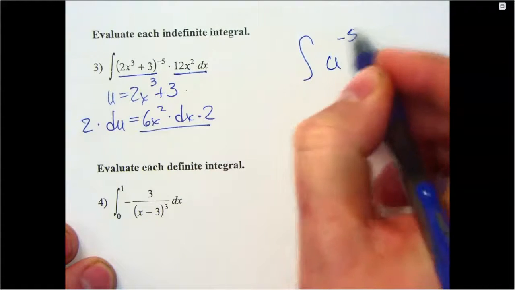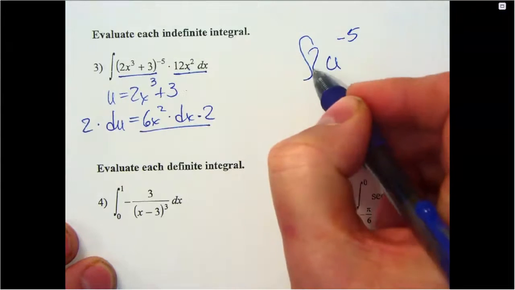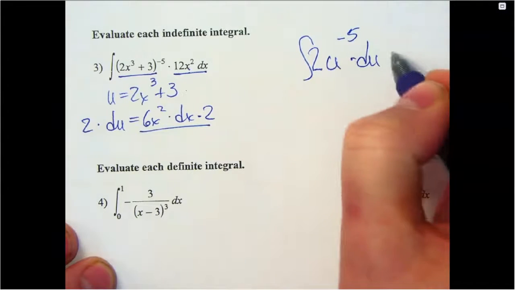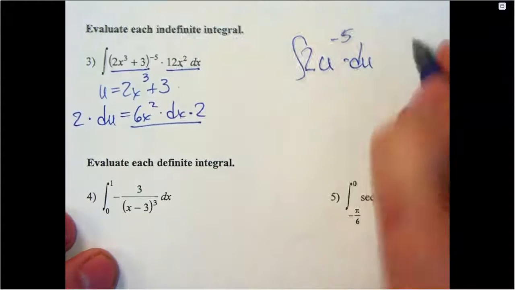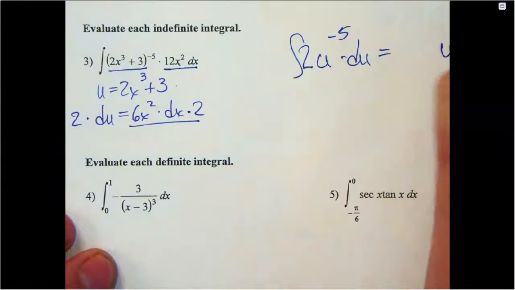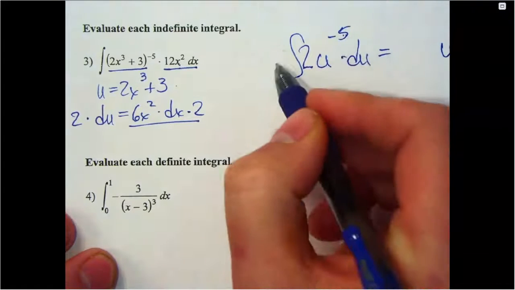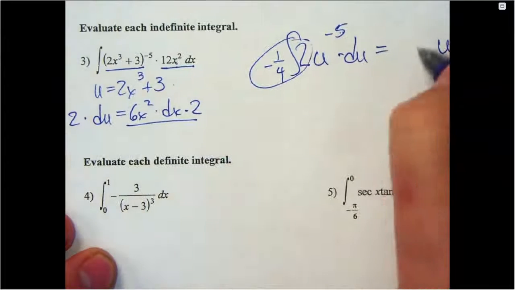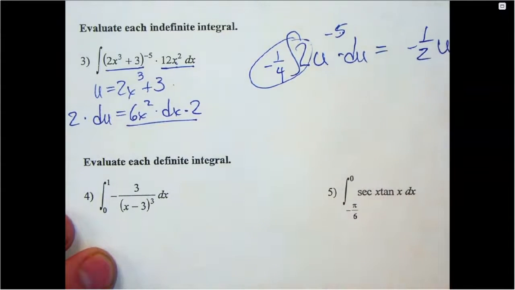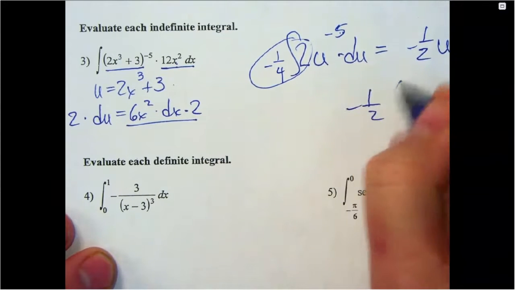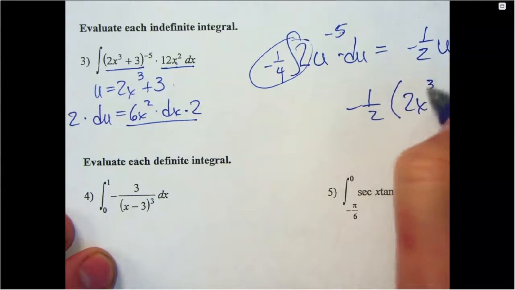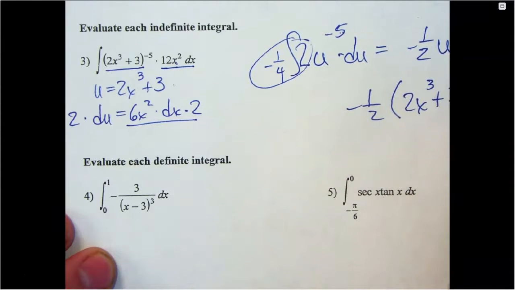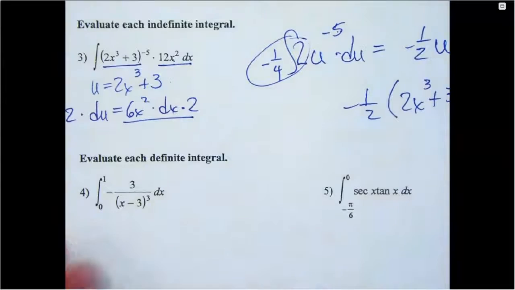So I can say that's u to the negative 5th, times 2 du. If I add 1 to the power, I get negative 4, multiply by the reciprocal of the new power, so negative 1/4. Multiplying those two together gives me negative 1/2. Don't forget your plus c. And then put your 2x cubed plus 3 back in place. And that's your answer.